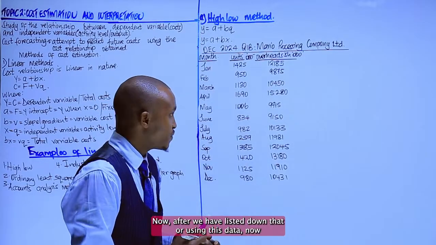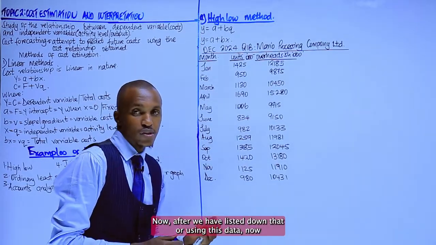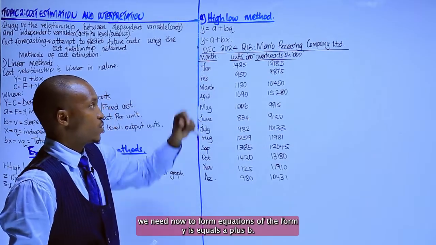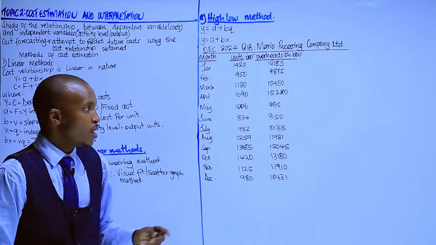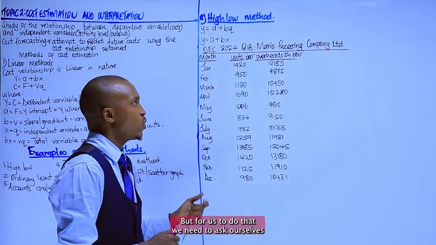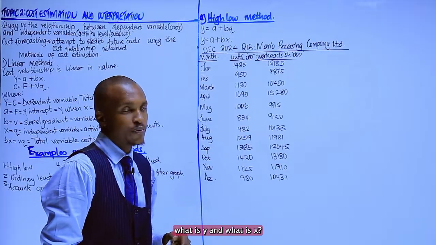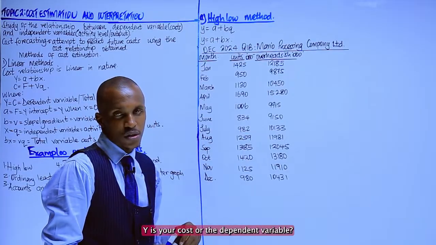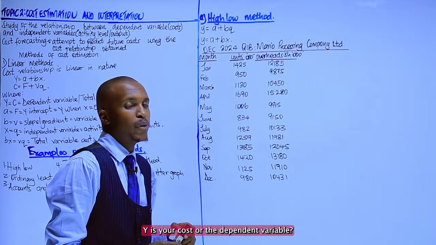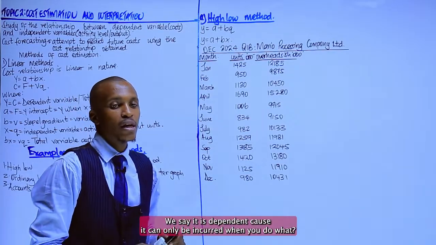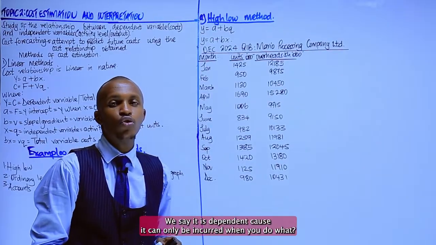Now, after we have listed down that, or using this data now, we need to form equations of the form y is equals a plus bx. But for us to do that, we need to ask ourselves, what is y and what is x? Y is your cost, or the dependent variable. We say it is dependent because it can only be incurred when you do what?